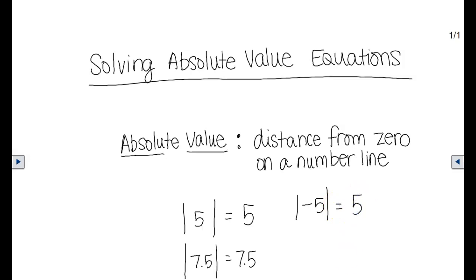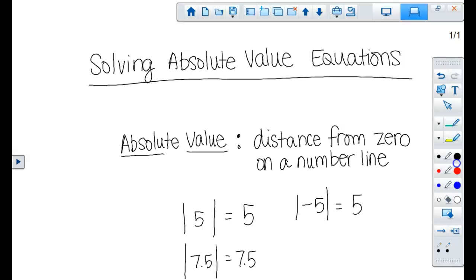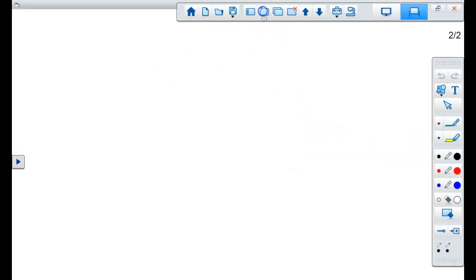So I want you to notice that positive 5 and negative 5 have the same absolute value. They are the same number of spaces away from 0. So anytime you think of absolute value, I want you to think of distance. Distance from 0 on a number line. And what we're going to do is incorporate this idea of absolute value into some equations that we're going to be solving.